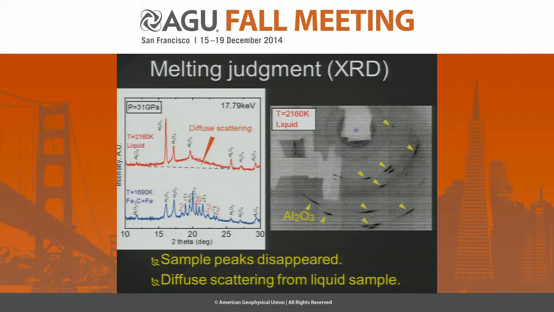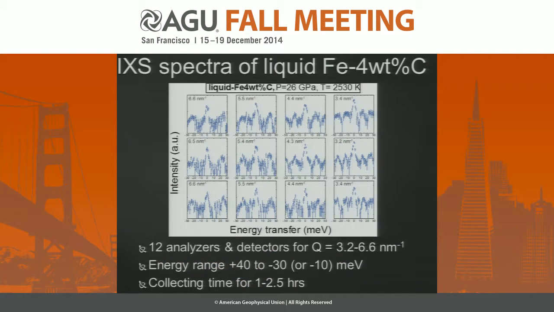If you look carefully at the diffraction pattern on the left side, the red one, you can see some diffuse scattering. So we judged melting from the disappearance of the sample peaks and sometimes, not always, the appearance of diffuse scattering. After checking the melting of the sample, we collected IXS spectra.